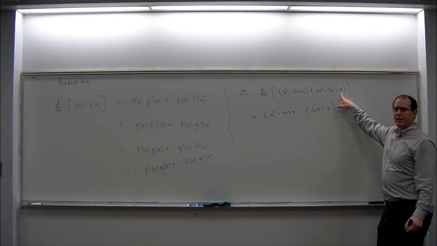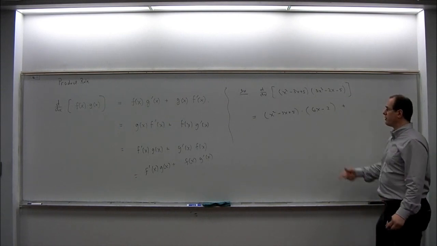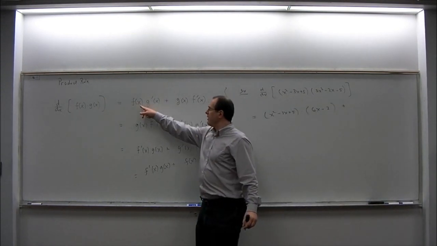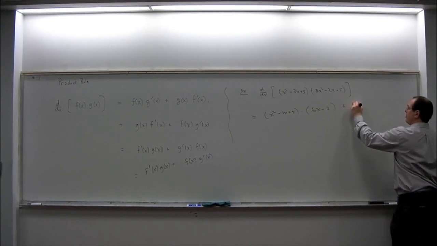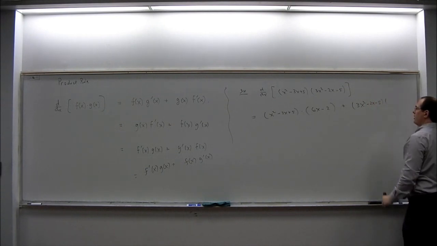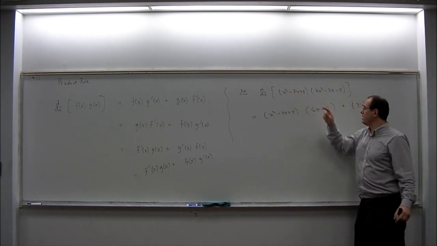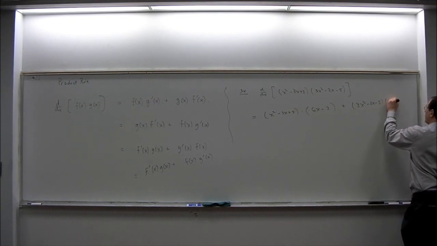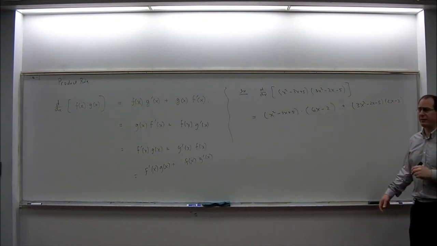The derivative of the constant is 0. So that's the first half of the product rule. That was f times g prime plus g times f prime. So 3x squared minus 2x minus 5 times the derivative of the first, which would be 2x minus 3.